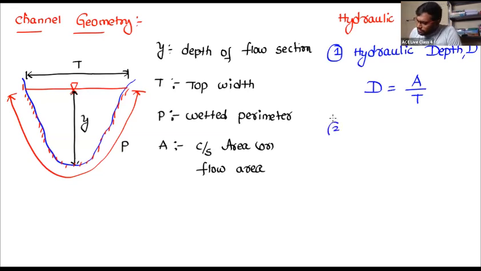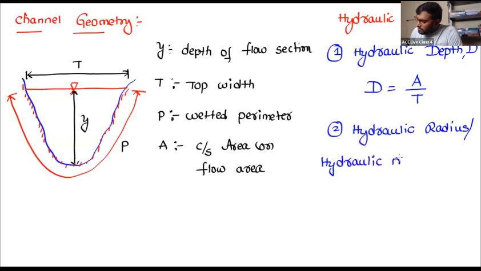Now, the second one is hydraulic radius or hydraulic mean depth. It's up to you, but in our terminology, generally we call it R, the hydraulic radius. In some textbooks and examinations, they may try to confuse you by giving hydraulic mean depth.